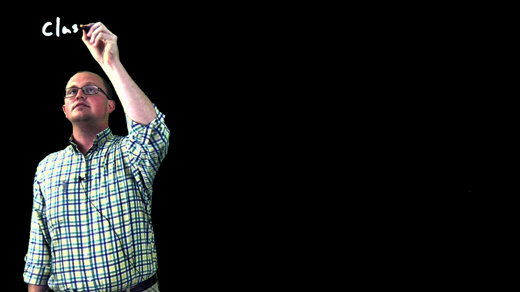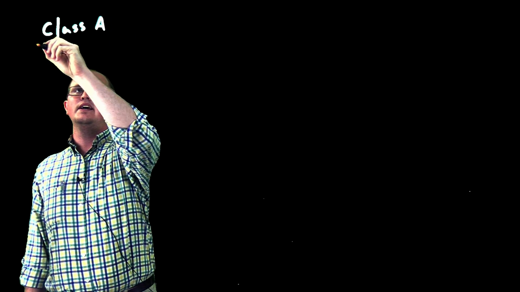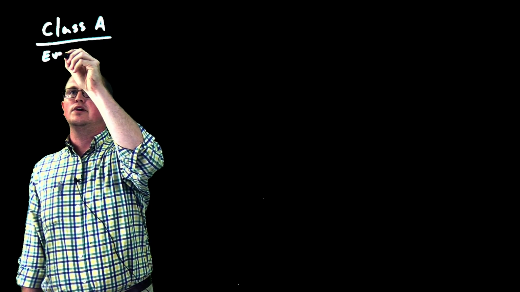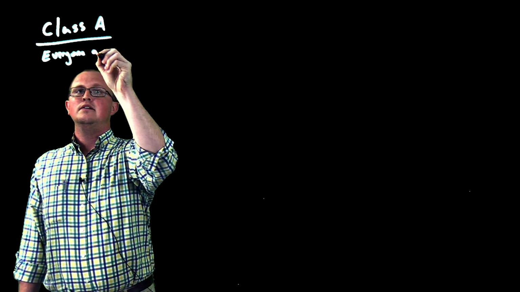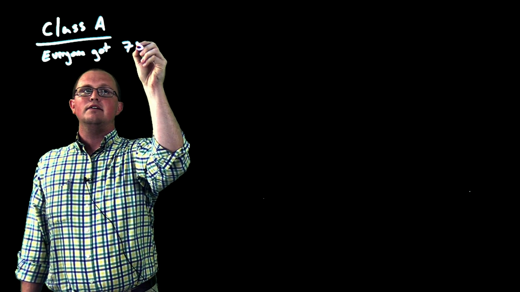But before we get to that, let's recall the two probability and statistics classes that we talked about last time, Class A and Class B. These two classes both took the same test. In Class A, everyone got a 75.